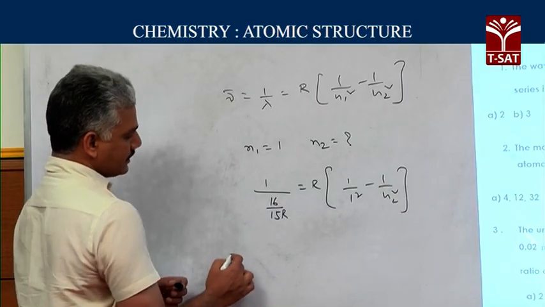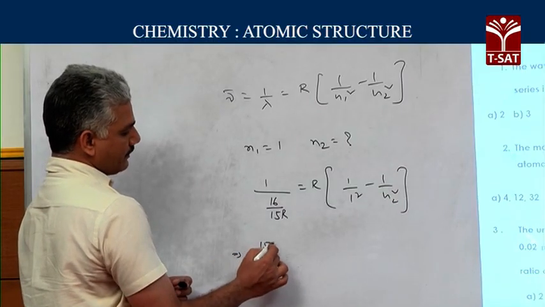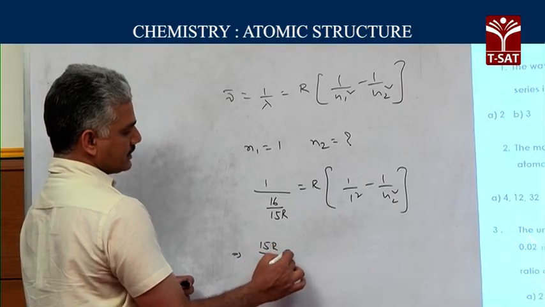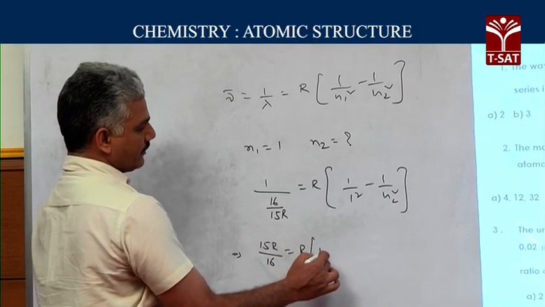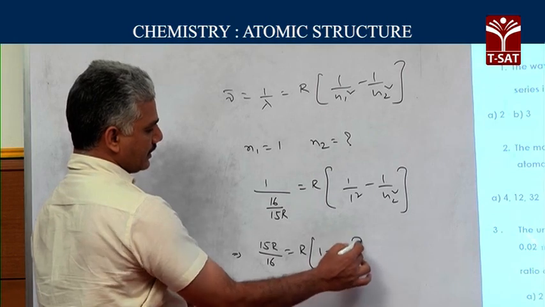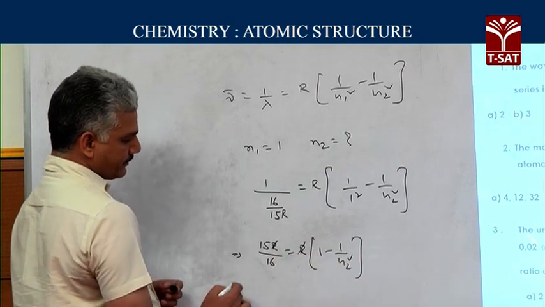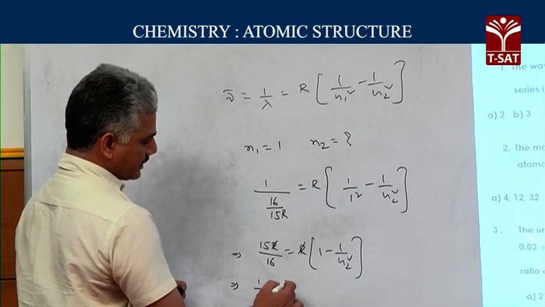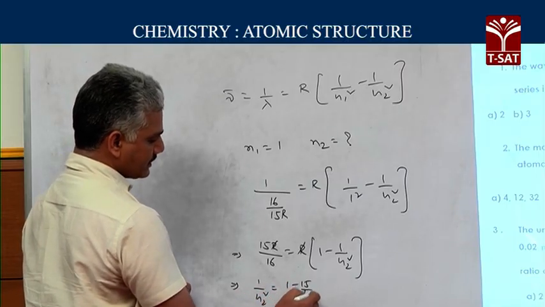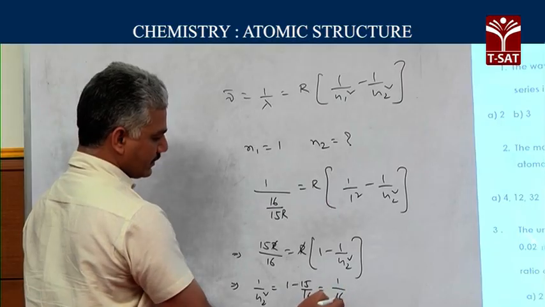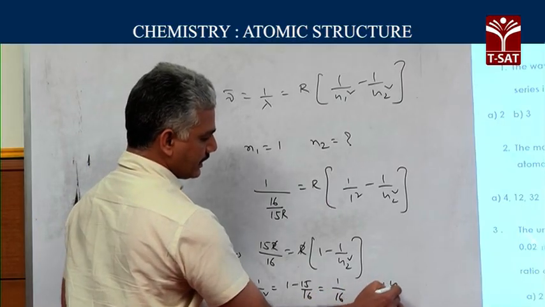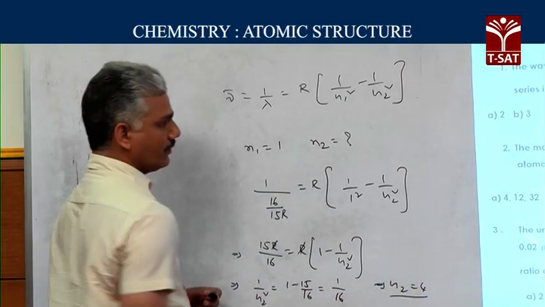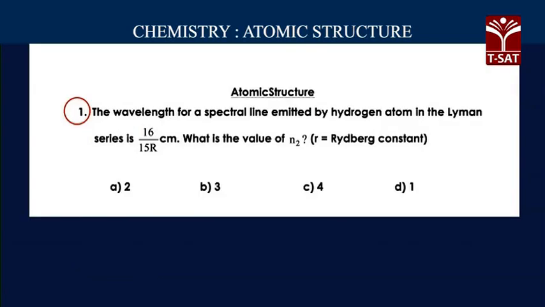So, this comes out to 15 R by 16 is equal to R into 1 minus 1 by n2 square. 1 by n2 square is equal to 1 minus 15 by 16, that comes out to 1 by 16. From this, n2 value comes out to 4. So, correct option is C.